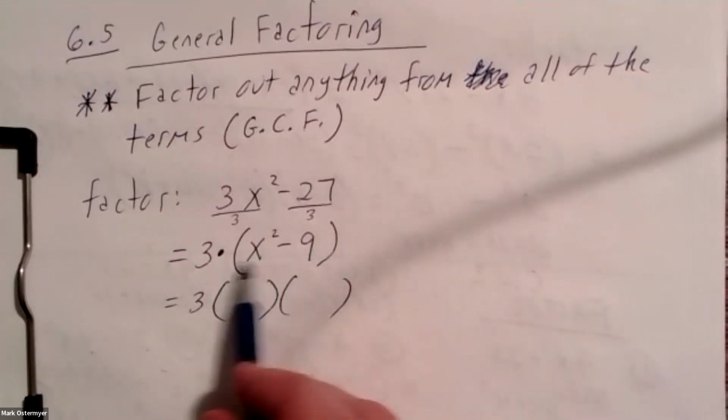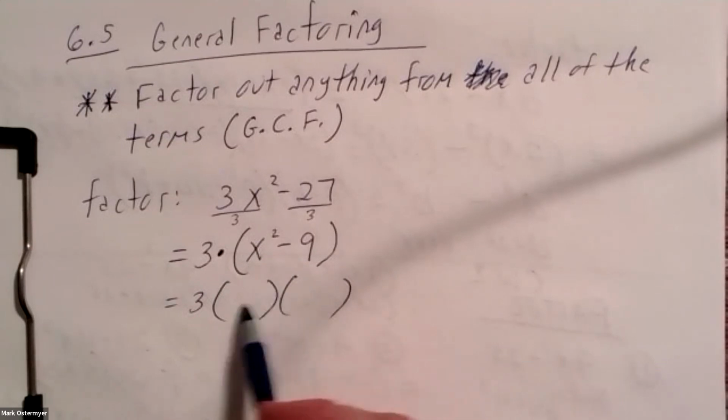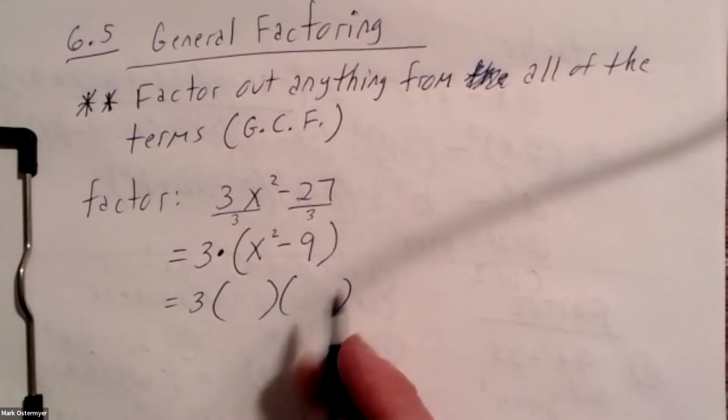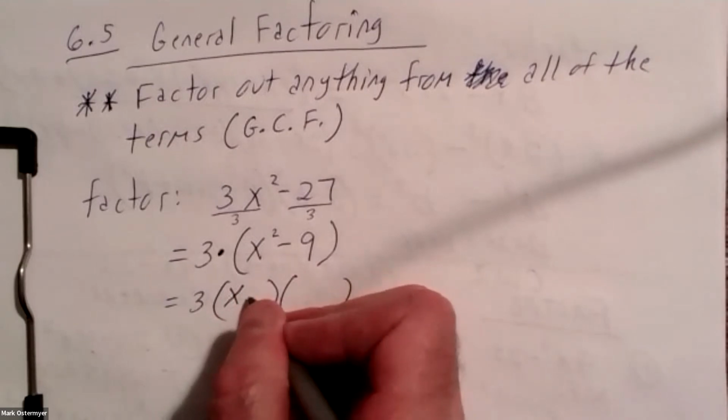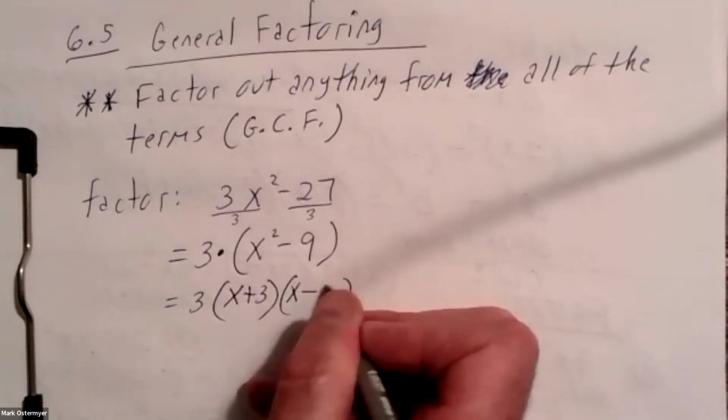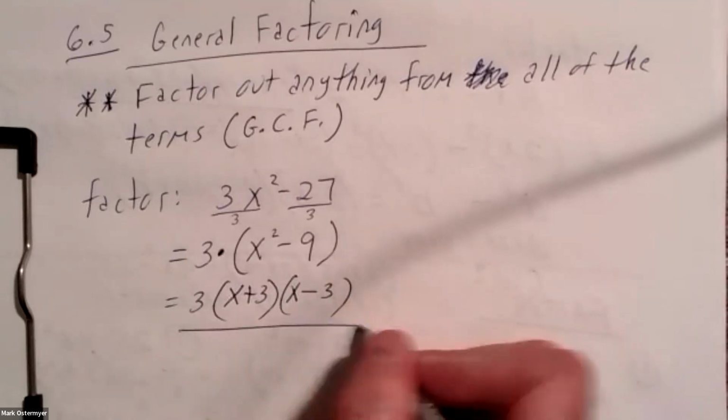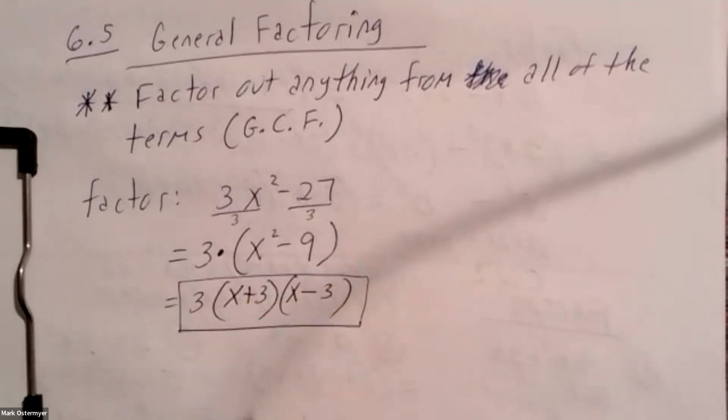What's the factorization of x squared minus 9? x plus 3 and x minus 3. So 3 times x plus 3 times x minus 3. You got it. That, ladies and gentlemen, is our complete factorization of this polynomial. That's completely factored.